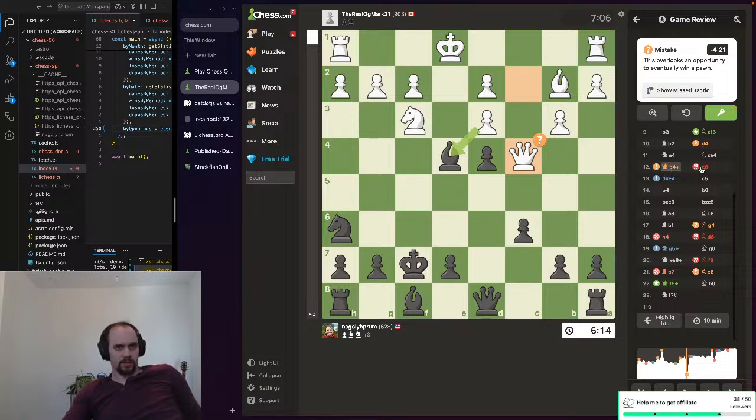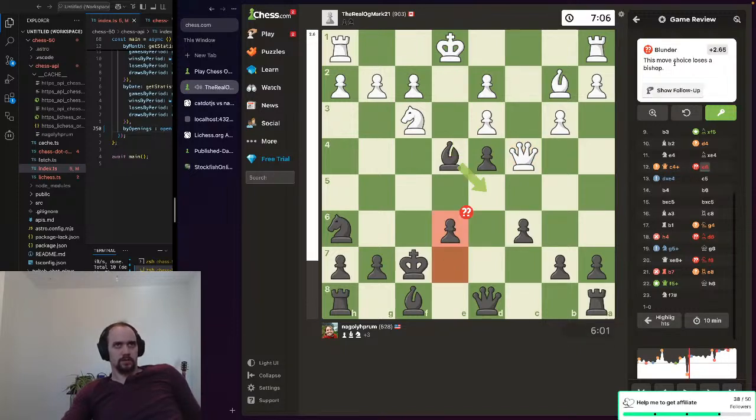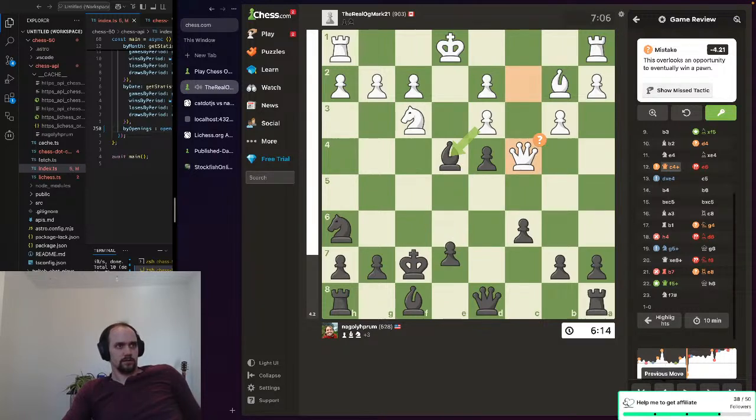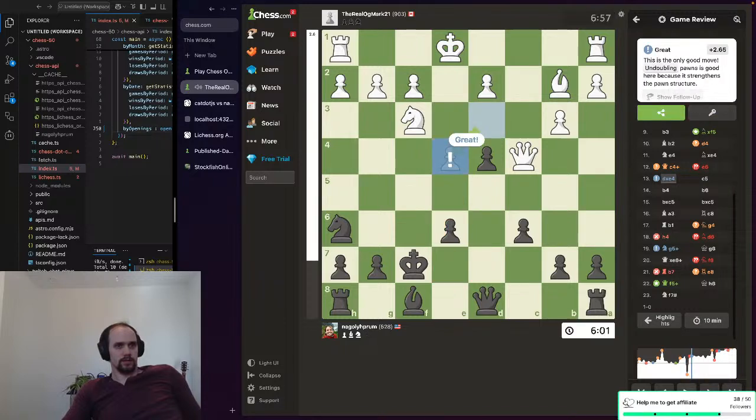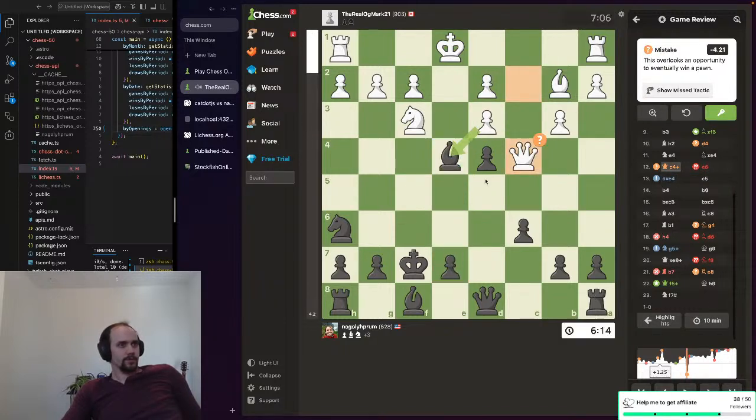Why am I looking at whites? This choice move loses a bishop. Oh. Wait, but did they do that? Oh, they did do that. Alright, yep. I should have seen that it was unprotected.